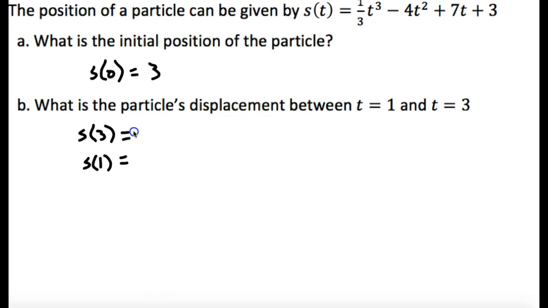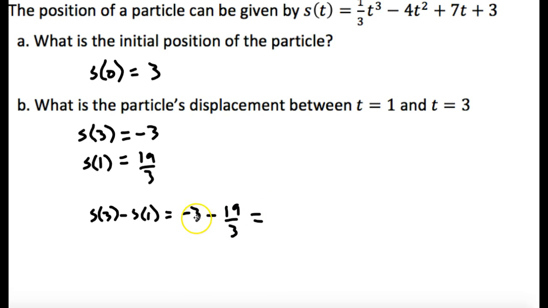If we actually plug these in, we get -3 and 19/3. So my displacement then is final position minus initial position. So s of 3 minus s of 1 equals -3 minus 19/3. So what is that?